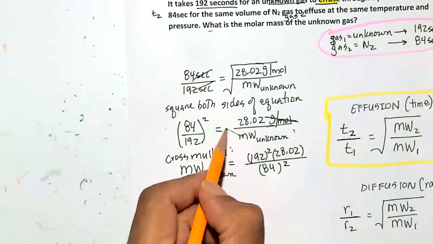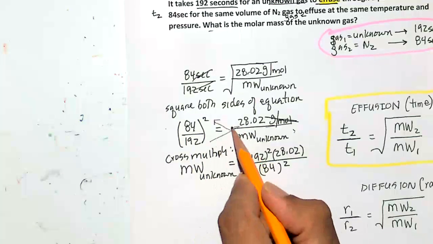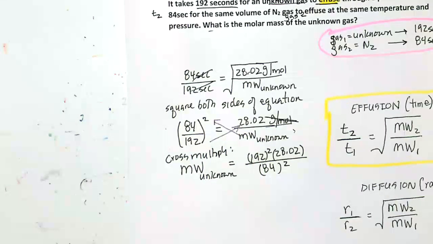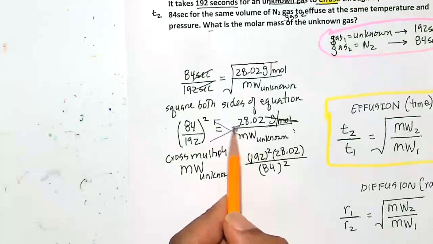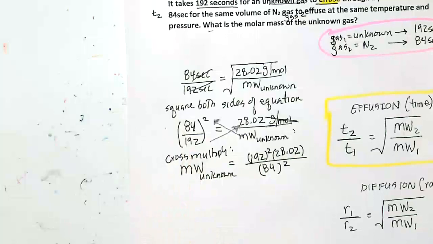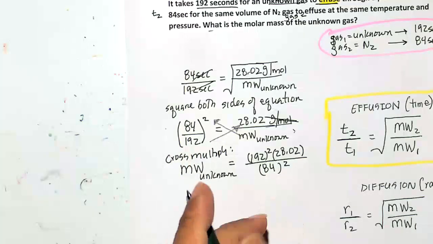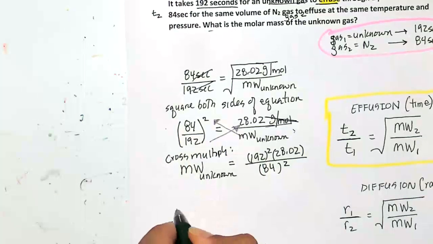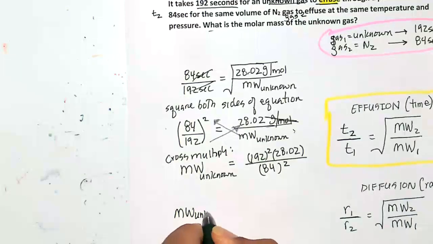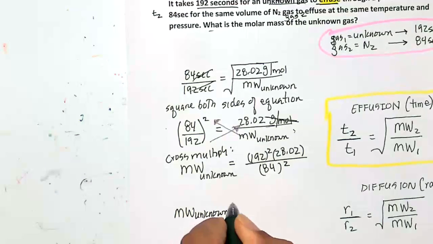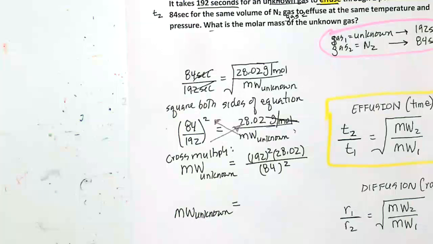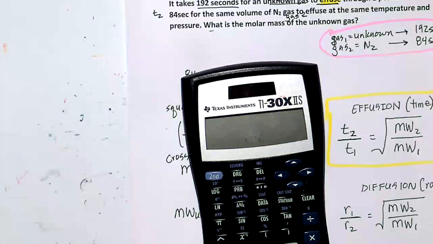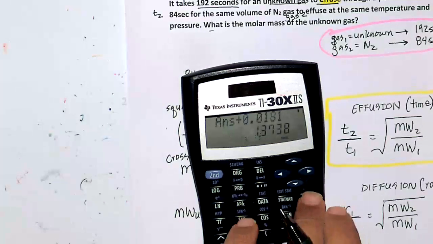You remember cross multiply from math? Right, so the molecular weight of the unknown is going to be 192 squared times 28.02.